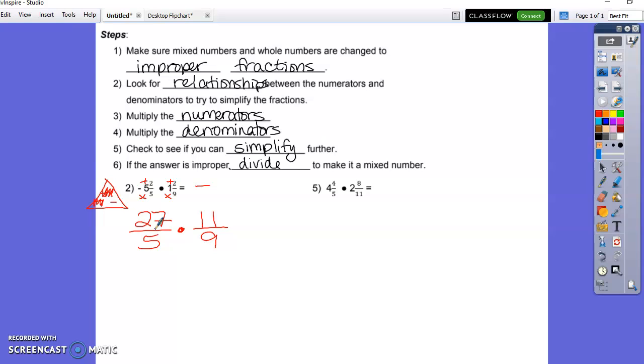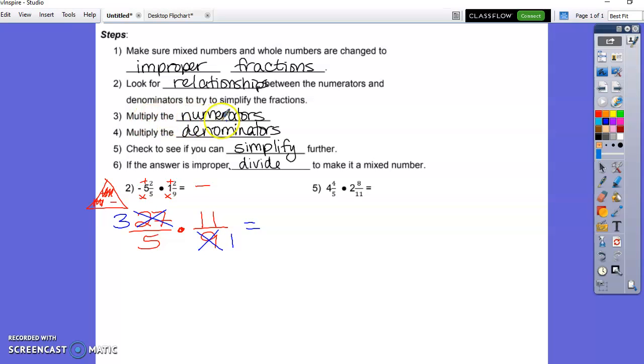If you use 3, you'll still have to simplify further. So let's use 9. 9 divided by 9, 1. 27 divided by 9, is 3. So the relationship, guys, is 9 because 9 divides into both of those numbers.